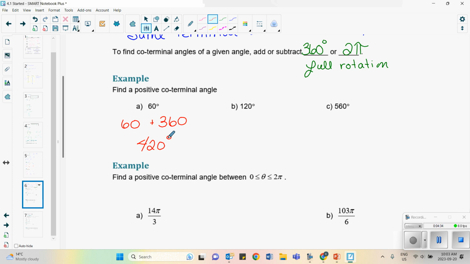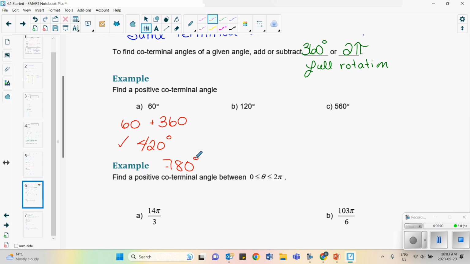Is there another one you could do here? Could you give me another positive coterminal angle? 60 plus 720 is 780. Because all I did was take this and add a full rotation to it. So 420 is an answer, but 780 would also be an answer.